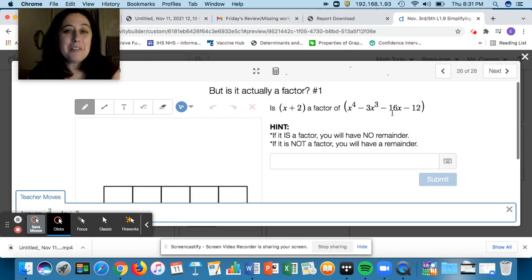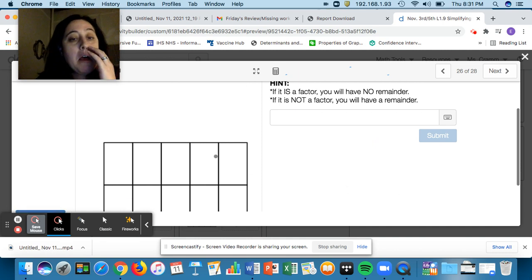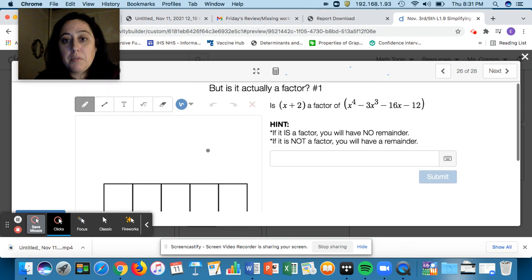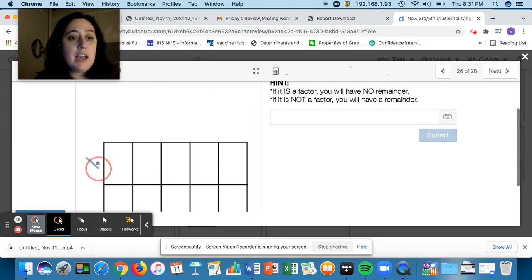Okay, so is it a factor? I wish I could show this whole thing. Okay, so I'm just going to rewrite this. If I know that x plus 2 is a factor, I'm going to write x plus 2.